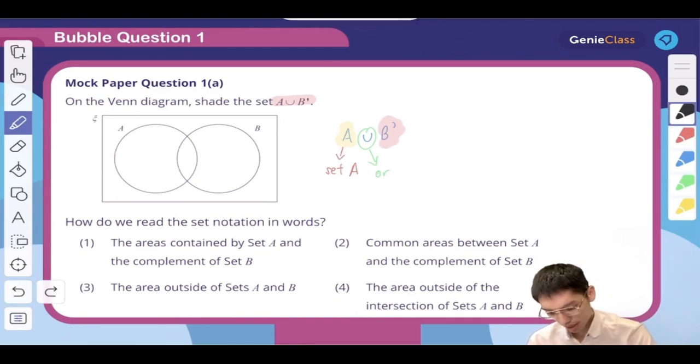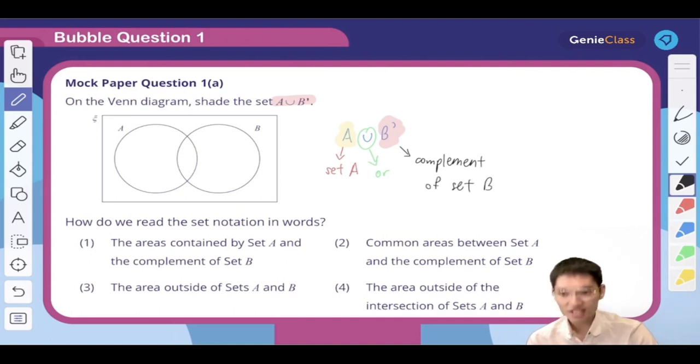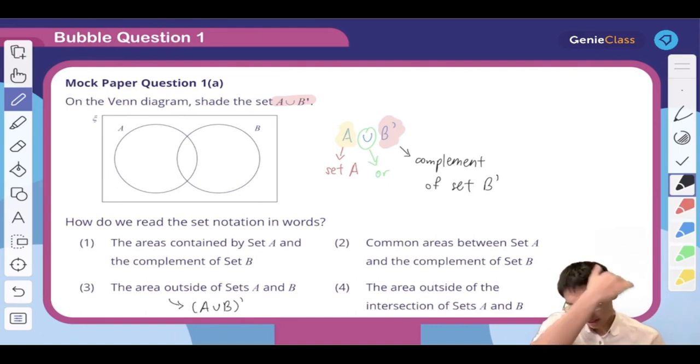Let me do some rewriting over here: complement of set B. So I'm looking at set A or the complement of set B, which means I can contain both of them. Now that's where you realize, if I'm talking about outside, this means A union B prime, I'm looking at outside set A and set B.